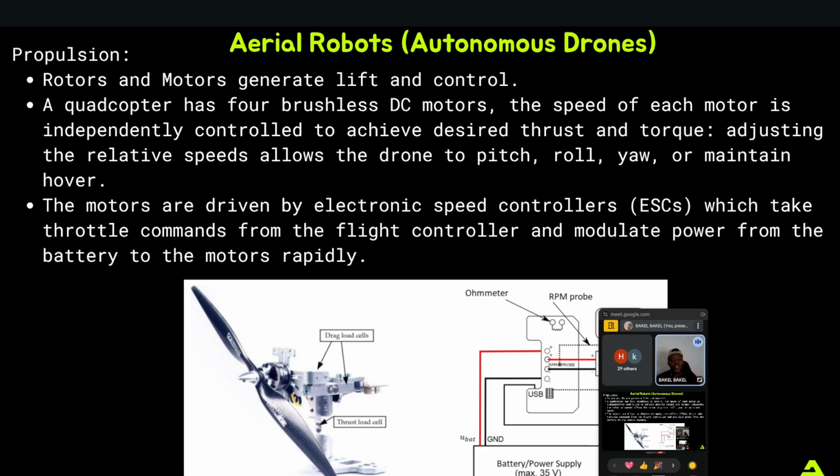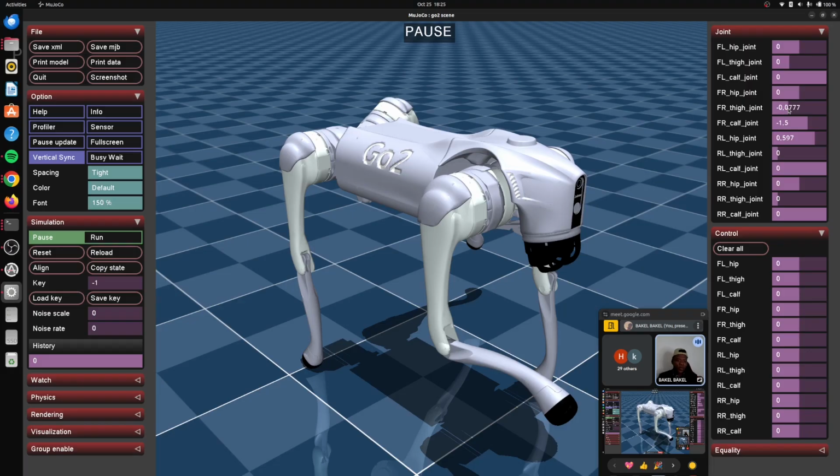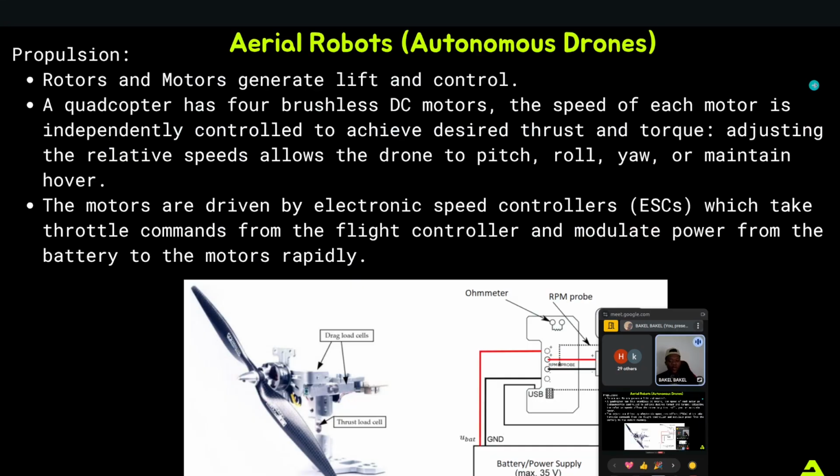We now have what is called an ESC. Say for example, here I can easily move my joint, my calf, to almost 90 degrees or almost 270 degrees. It's easier to give that kind of command here, and you know how it's moving. Then you talk about the propeller. How do we give its command?